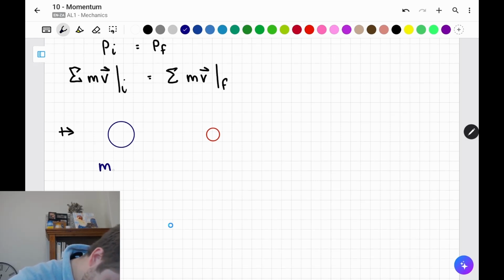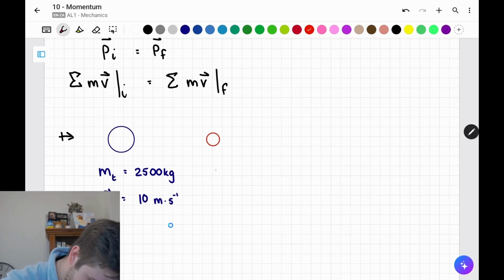We know the mass of the truck is 2,500 kilograms and its velocity is to the right, traveling at 10 meters per second.